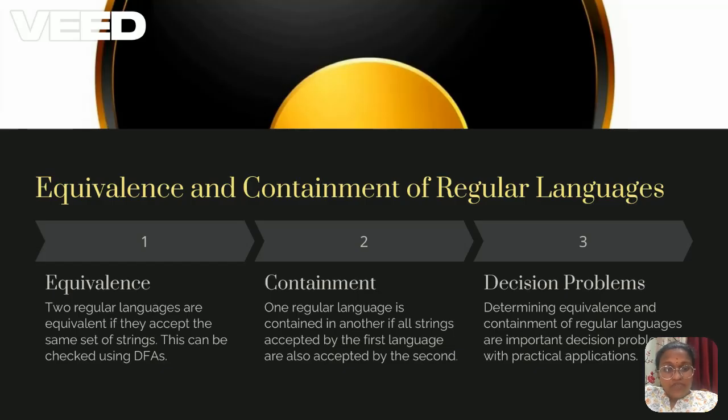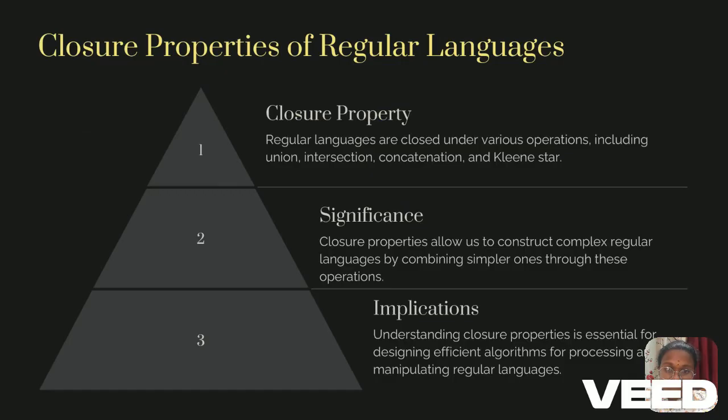And containment: one regular language is contained in another if all the strings accepted by the first language are also accepted by the second, but all the strings accepted by the second may or may not be accepted by the first language. And decision problems: determining equivalence and containment of regular languages are important decision problems with practical applications.